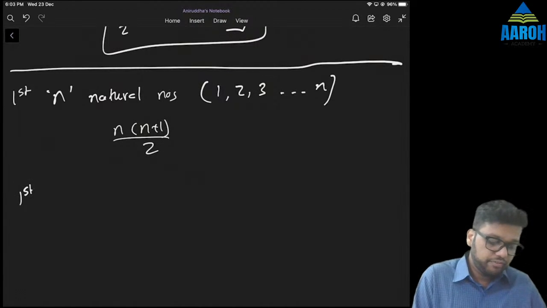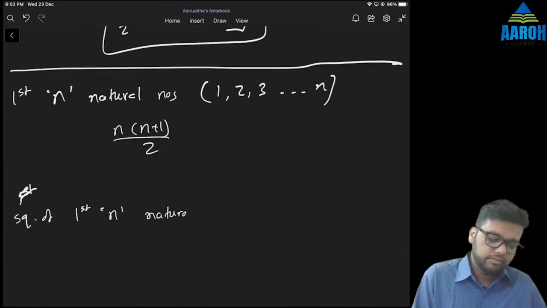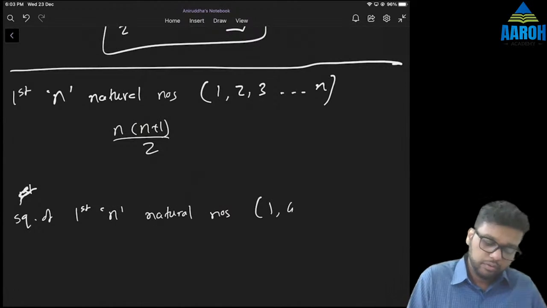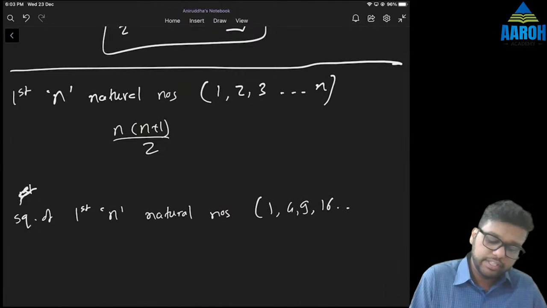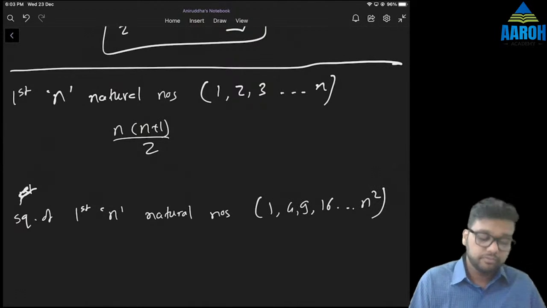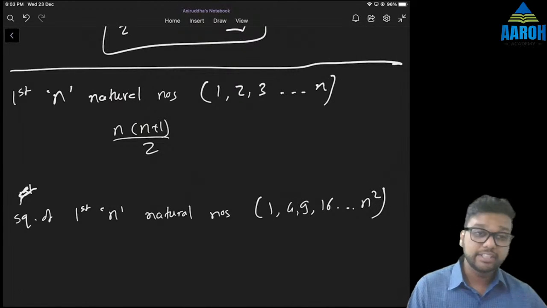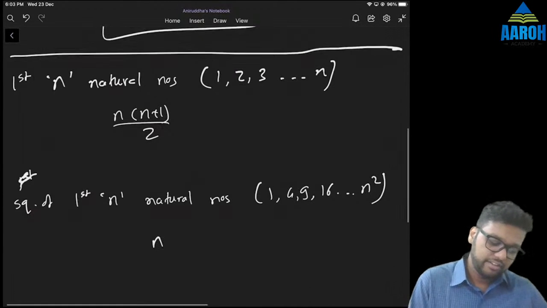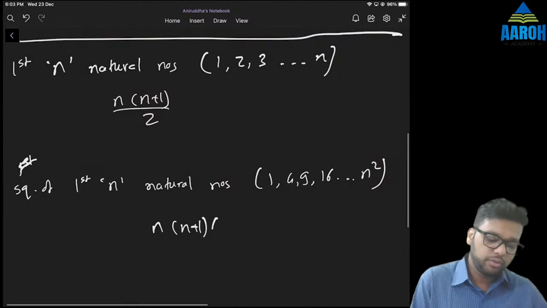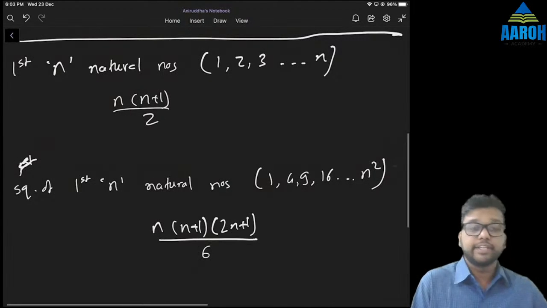The sum of squares of the first n natural numbers, that is 1 square, 2 square 4, 3 square 9, 4 square 16 and so on up to n square, is n into n plus 1 into 2n plus 1 upon 6.